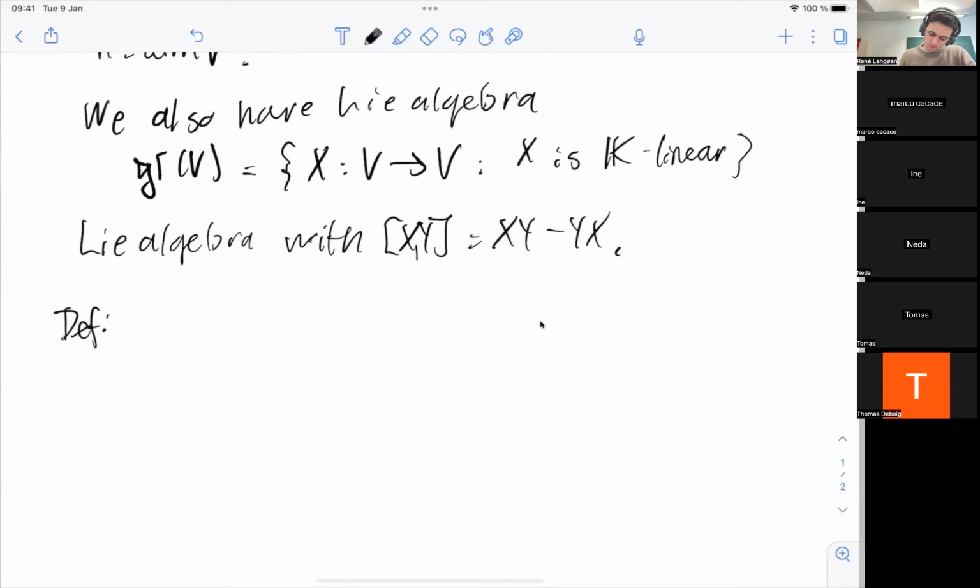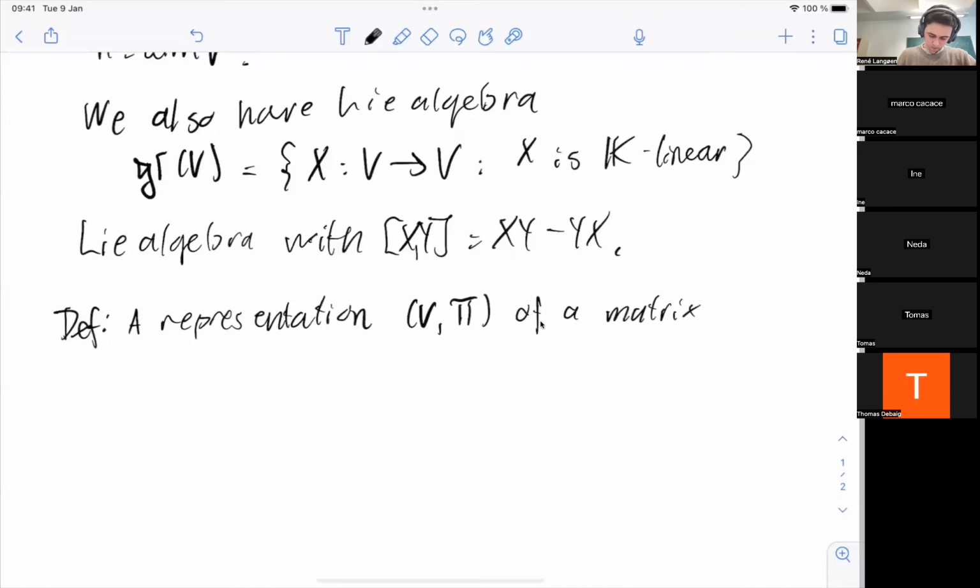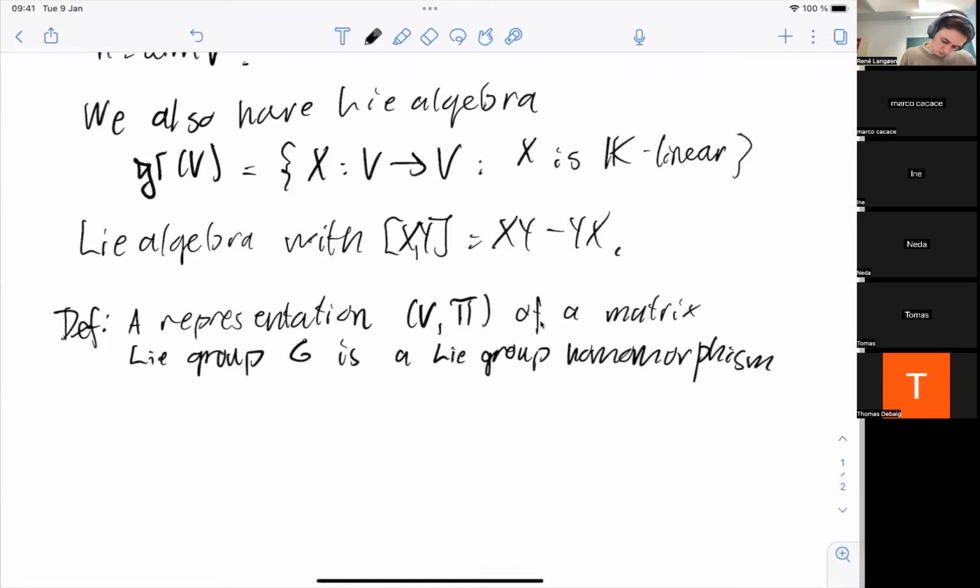Then a representation. Let me say it exactly right.